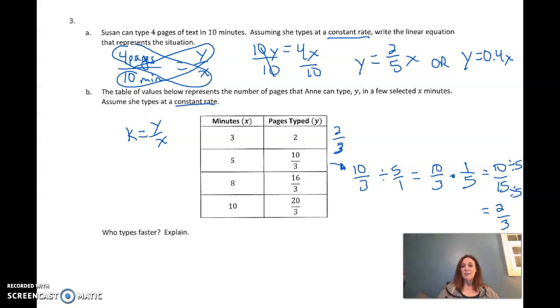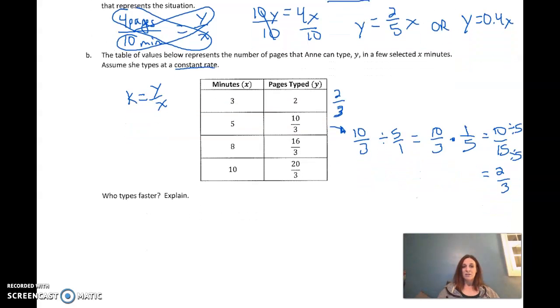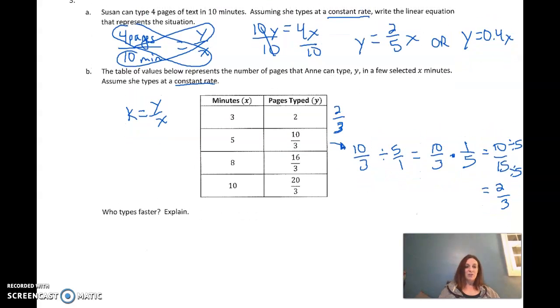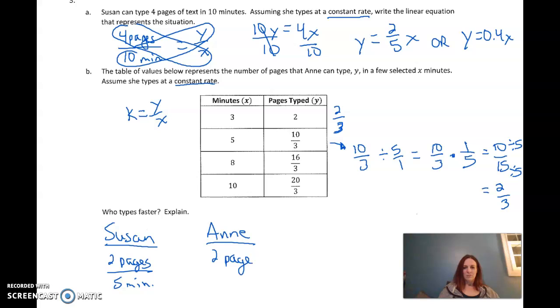So if it wants to know who types faster, we have Susan, who does, well, I'm going to write it in a couple ways. Let's just start with this. 2 pages in 5 minutes. And we have Anne, who does 2 pages in 3 minutes, 2/3.